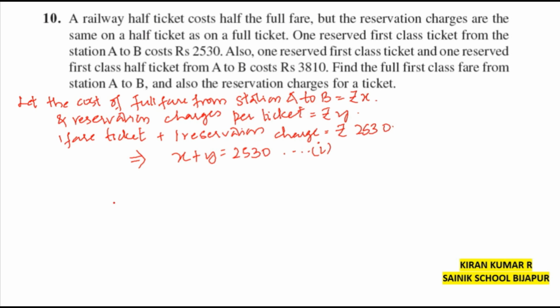And they have also given that cost of one full and one half ticket from station A to B is rupees 3810. That means I have to take one full ticket charges plus reservation charge for half ticket. It is rupees 3810.